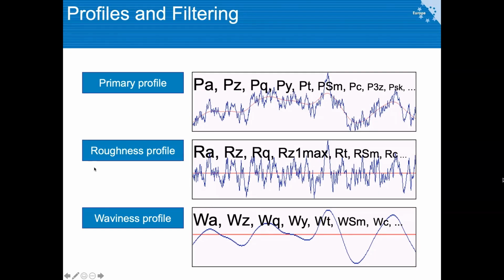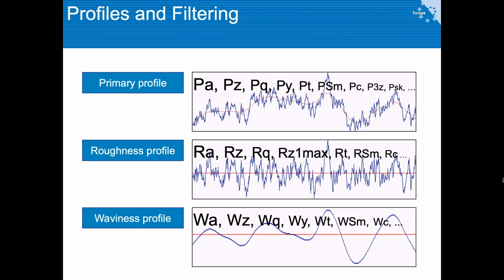And simply, if you know that the full surface consists of a primary profile, which can then be separated into roughness and waviness, then by showing on the drawing either P or R or W, you are highlighting which component you are interested in measuring.